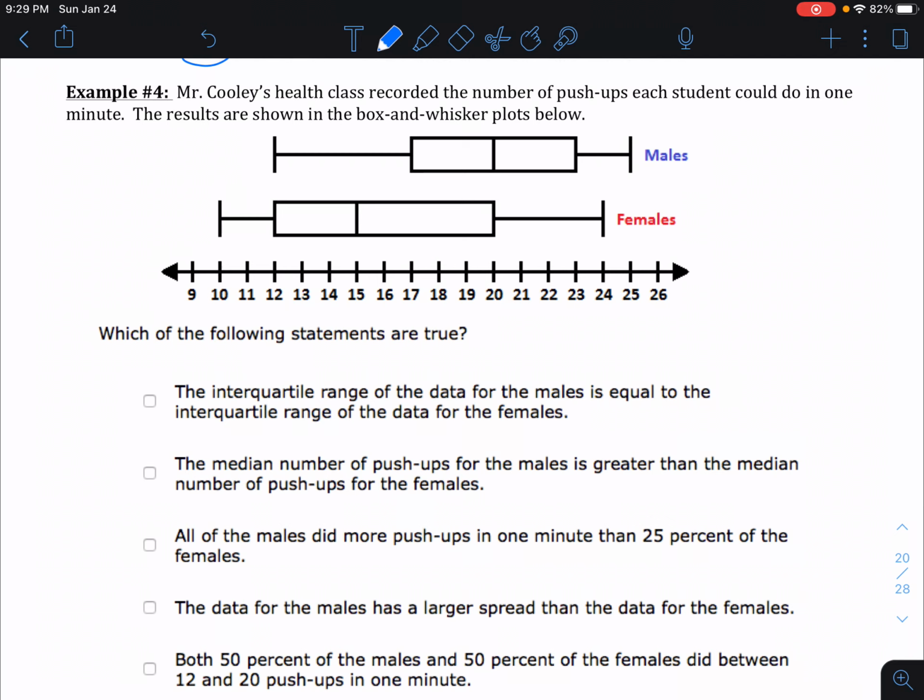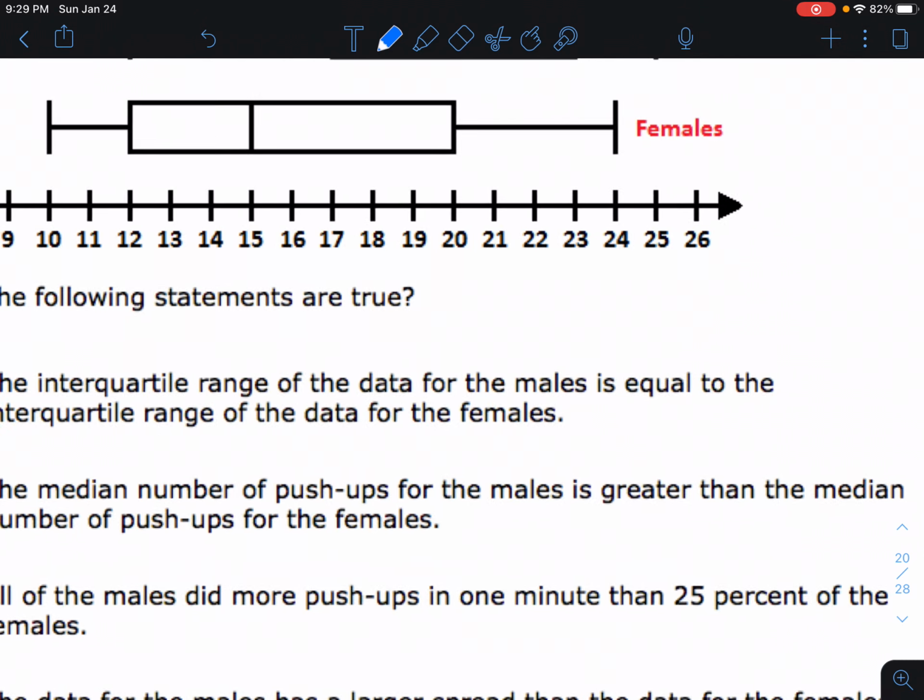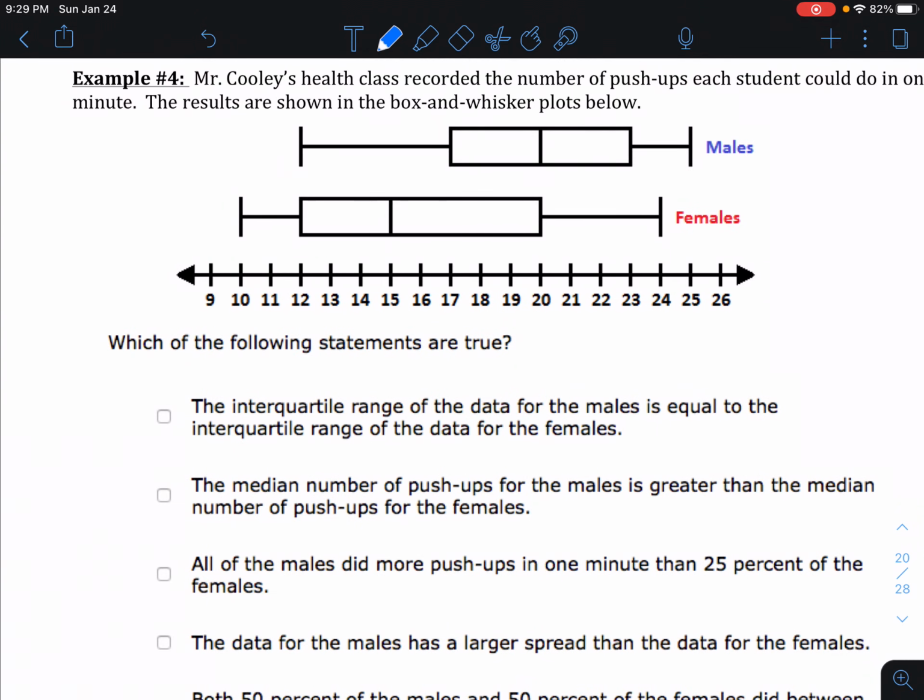So it says here for the first one, the interquartile range for males is equal to the interquartile range for females. So let's check those out. So for males, that would be 23 minus 17, would be 6 for males.